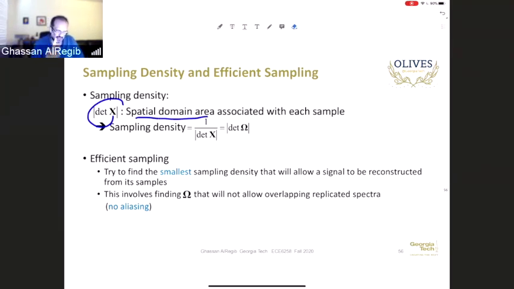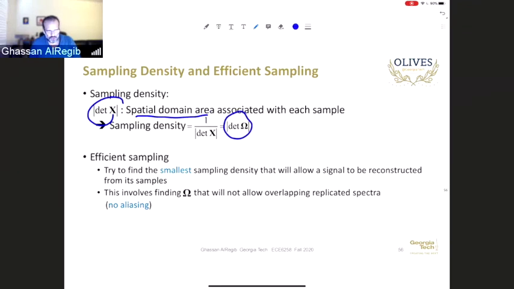So if I have one sample, then the area, the energy that this sample is representing from the continuous case, is really measured by the determinant of X. So now 1 over the determinant of X, which is the same as the determinant of capital omega, is basically the sampling density.